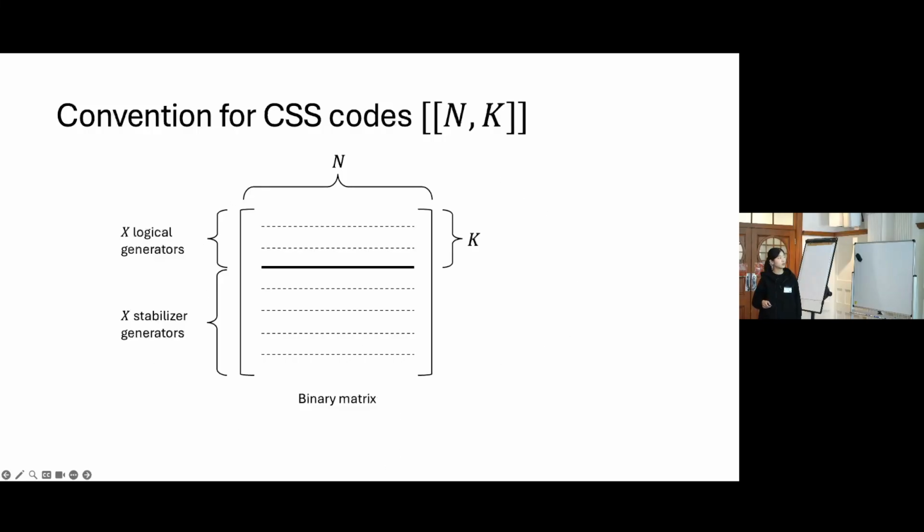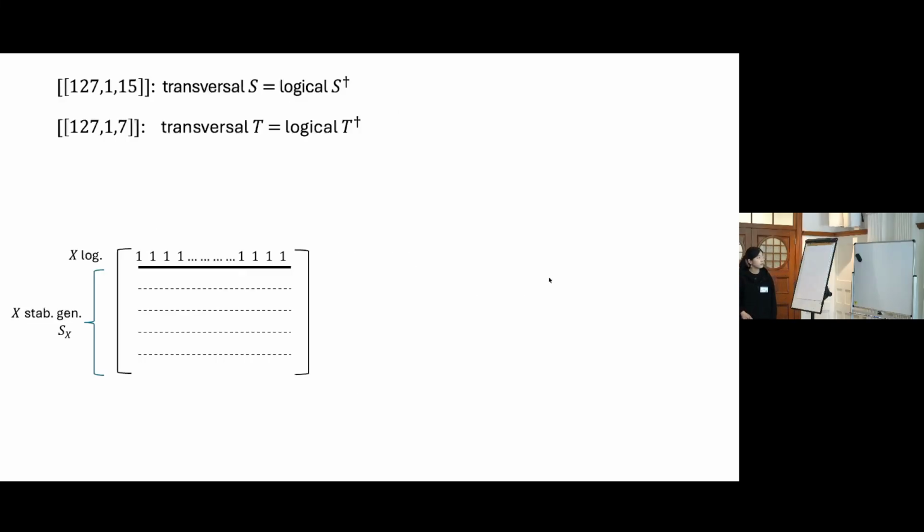This is effectively enough to specify a CSS code. This will be a binary matrix, and here you have k rows for the logical generators. And if I write down a 0, 1 string like this, it corresponds to an X-type string for a stabilizer.